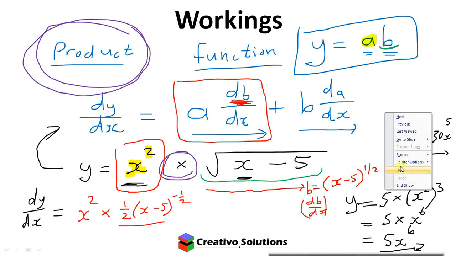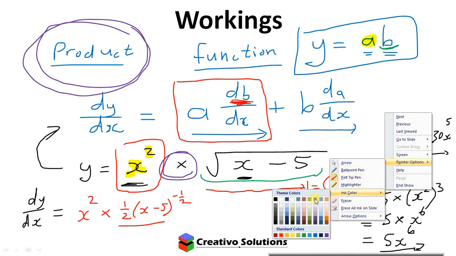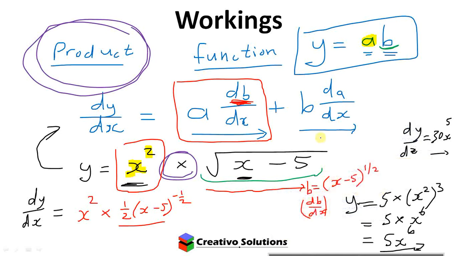There's the a. So how am I going to derive the a in terms of the x? Well, derivative of x squared, I gave you the answer, is 2x.